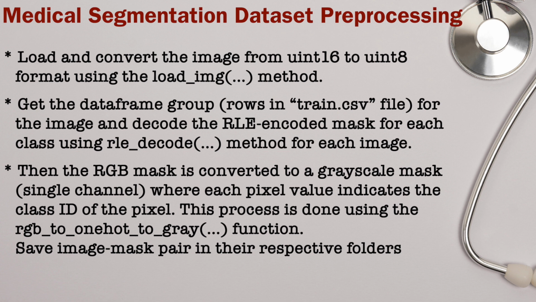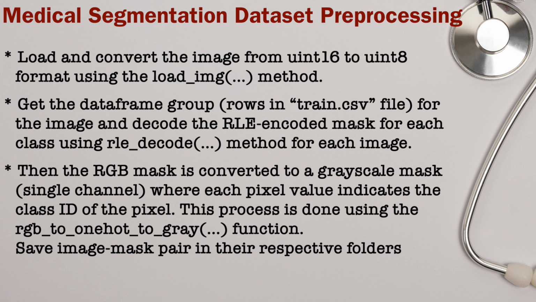Get the data frame group rows in the train.csv file for the image and decode the RLE encoded mask for each class using the RLE decode method for each image.